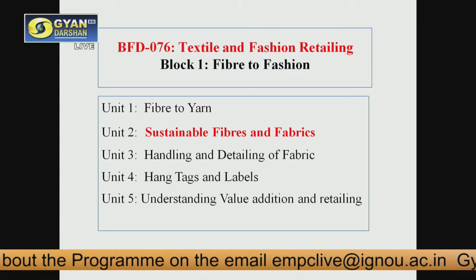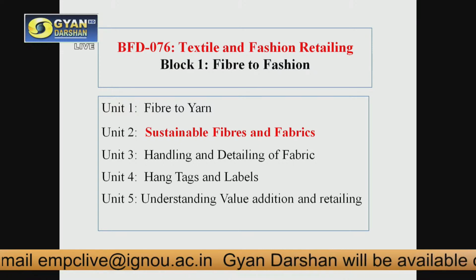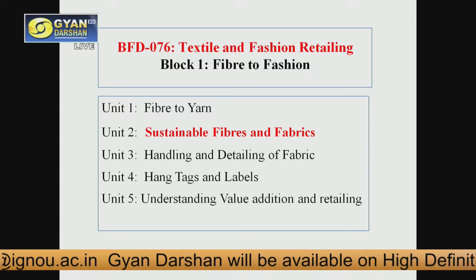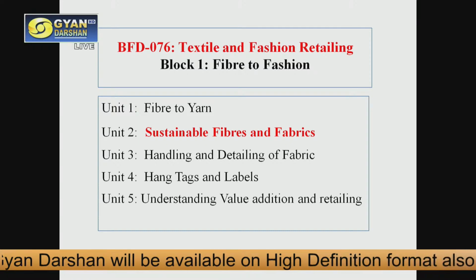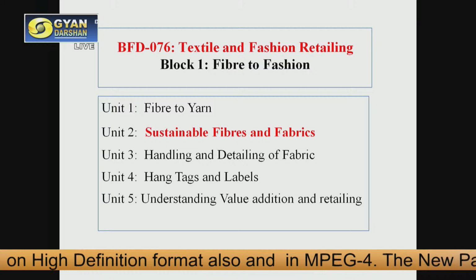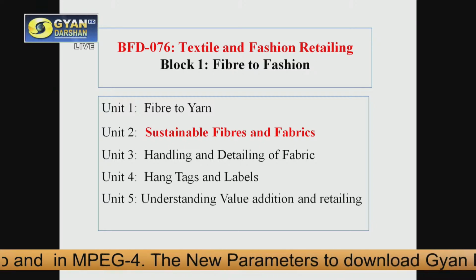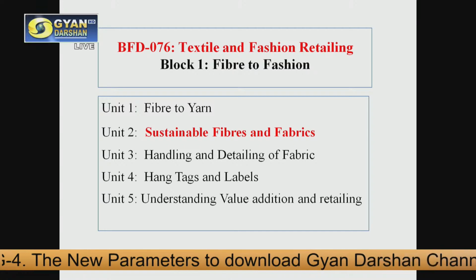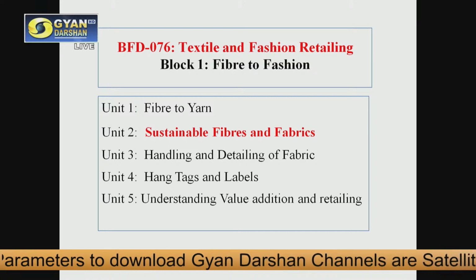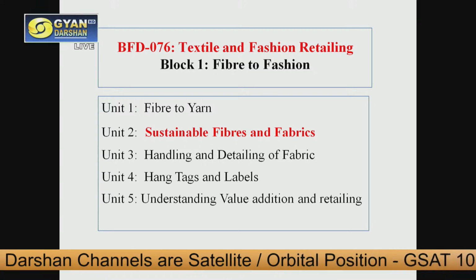In Unit 1 we discussed the different classifications of fibers, the spun and filament yarn, the different processing by which fiber is converted into yarn, and how yarn is taken for fabric construction.